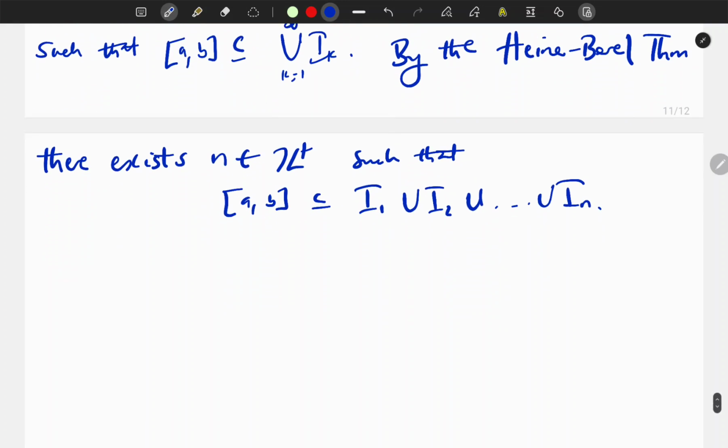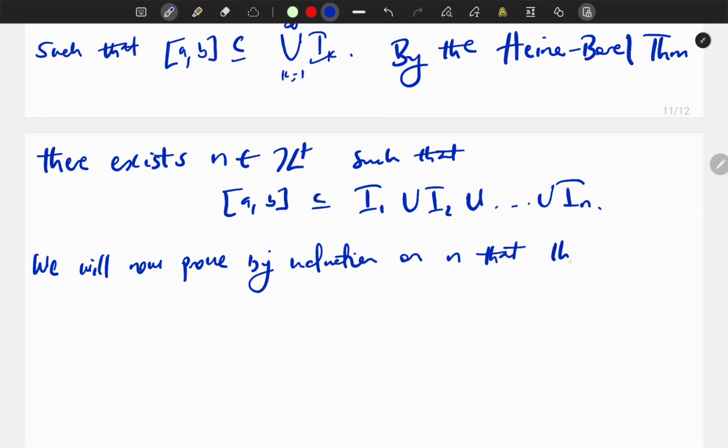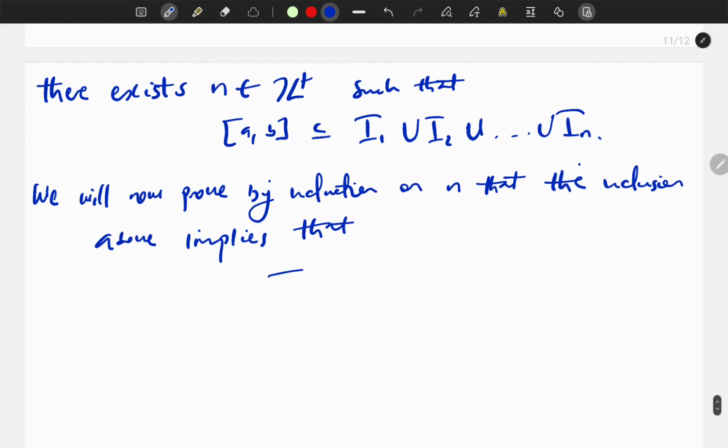Okay, so we now prove by induction on n that the inclusion above implies that the summation of the lengths of Ik is greater than or equal to b minus a, which is actually our goal in order to prove the other direction.